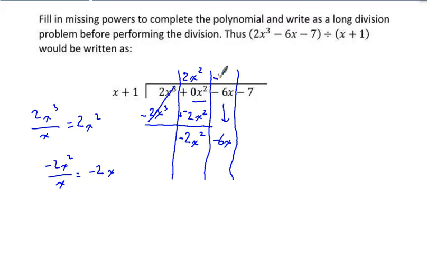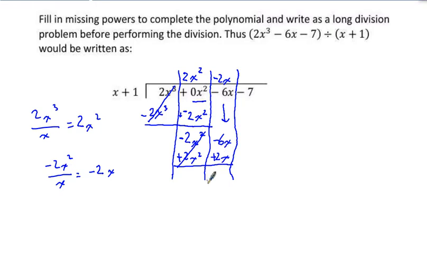So we have negative 2x as the next part of our answer, which goes in the x to the first, or the linear column. We're going to multiply that negative 2x by x and by 1, and we get negative 2x squared minus 2x. That was divide. Multiply, we subtract. So in doing so, the signs change on the second binomial here. Negative 2x squared plus 2x squared cancels, so our division was correct.